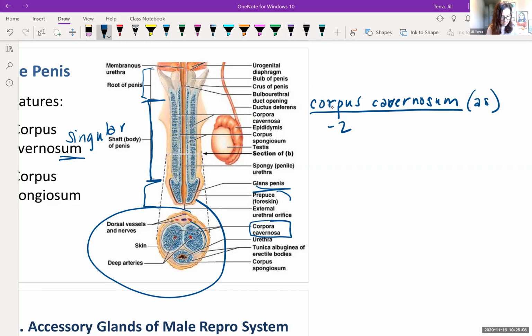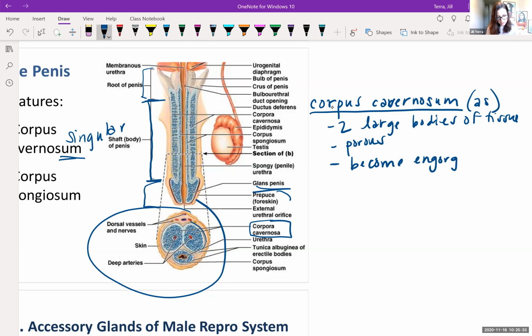And they're basically these two large bodies of tissue that go along the whole length of the body of the penis or the shaft. They're kind of porous in nature because they basically contain these cavernous pores that become engorged with blood during sexual stimulation.